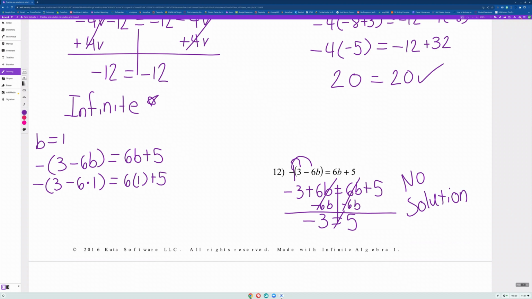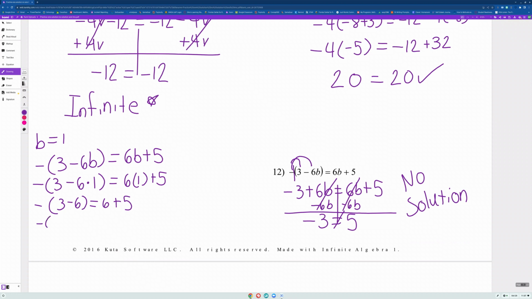I have to solve inside my parentheses first because that's my order of operations, and in my parentheses, I have to follow order of operations too. So there's no exponents. I'm going to move on to multiplication, and I see -6 times 1. That's just going to be -6. And 6 times 1 is just 6, plus 5.